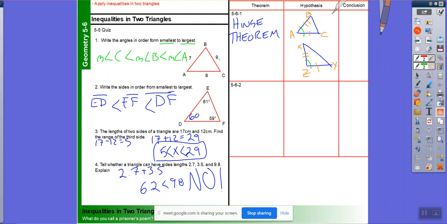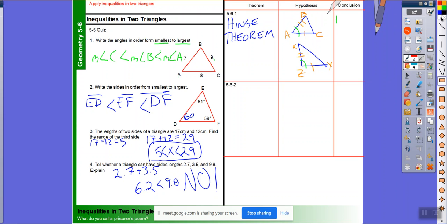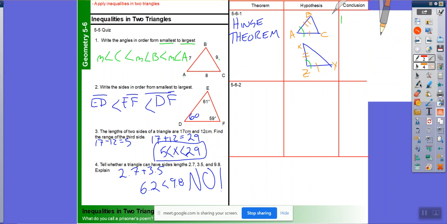I'm going to give myself some more white canvas to work with. All right. So if angle A is greater than angle Z, then what conclusion can we make?